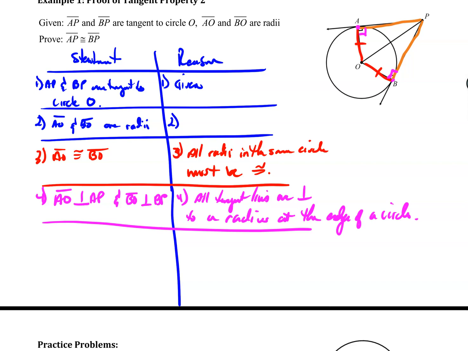So I need one more piece of information here to prove that I do have two congruent triangles, and I'm looking here and seeing that OP is the same segment for both of them. So I'm going to say that OP is congruent to PO, and that's the reflexive property.